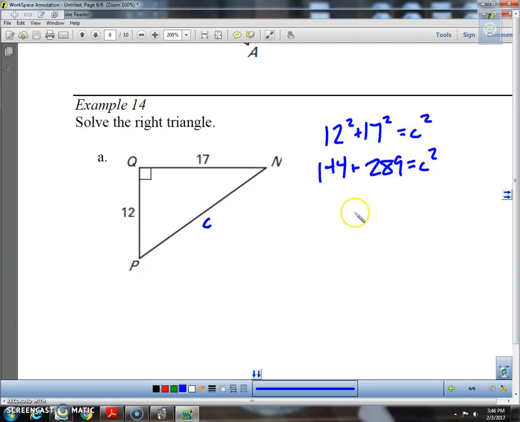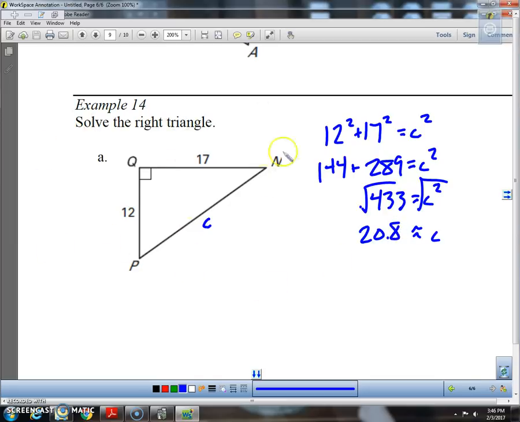Add those together, I've got 433. I'm going to take the square root. I'm not aware of any perfect squares that go into that. I get c is about the square root of 433, 20.8.